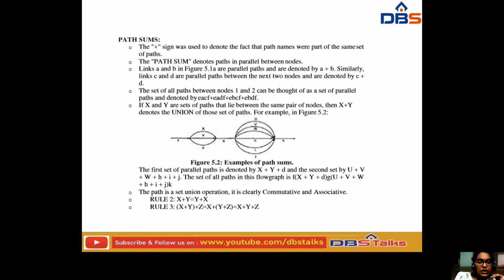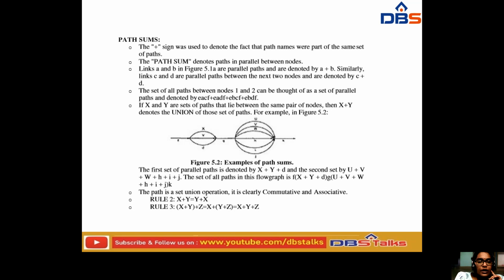So the set of all the paths in this flow graph is (x plus y plus d) into d of g into (u plus v plus w plus h plus i plus j) into k.